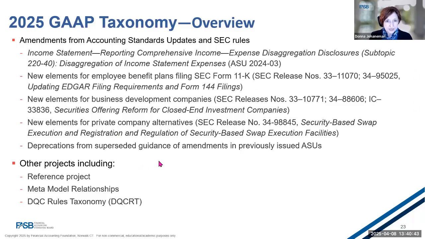We also deprecated elements from superseded guidance related to amendments in previously issued ASUs. And other projects with updates that are included are from the reference project with 12 topics reviewed this past year, along with a set of elements that did not have any references. We will continue with additional topics for this year for the 2026 version also. And I'm going to leave it with David to talk about the meta model and the DQC rules taxonomy later.